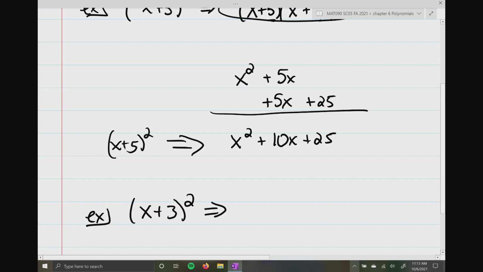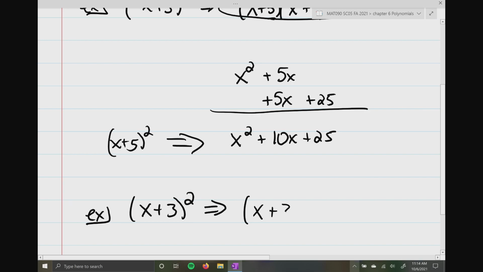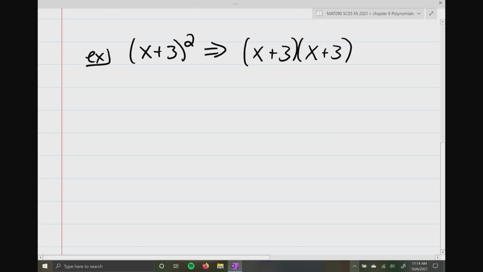Okay. So, what would be my first step here? Anybody? Write it out. Very good. So we have the quantity x plus 3 times the quantity x plus 3. Now we distribute. X times x is x squared. X times 3 is plus 3x.